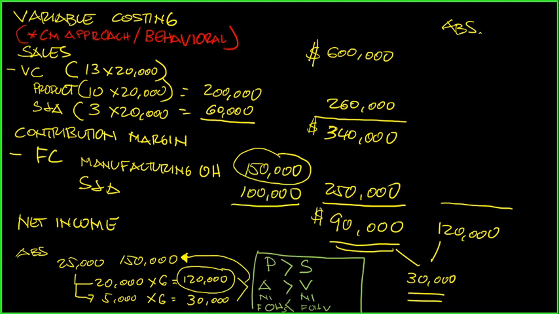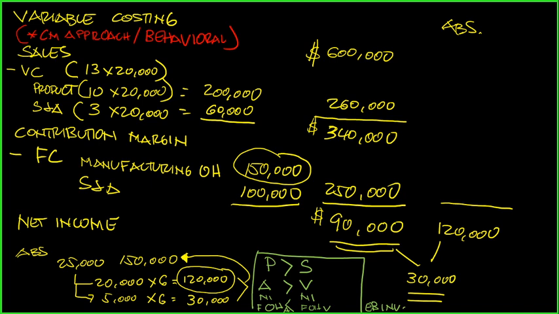The fixed manufacturing overhead under absorption costing. Dapat pala absorption, hindi S. Ayan. So letter A. The fixed manufacturing overhead under absorption costing is less than the fixed manufacturing overhead under variable costing. And the difference of these two will be found in the ending inventory. Ending balance of our inventory. Okay po? So, that's for year 1.